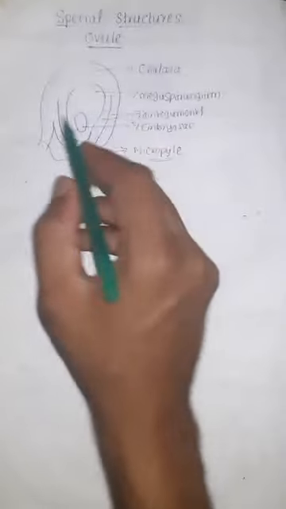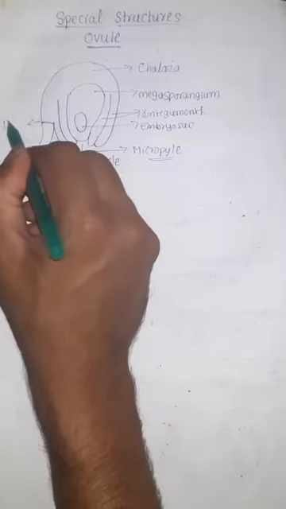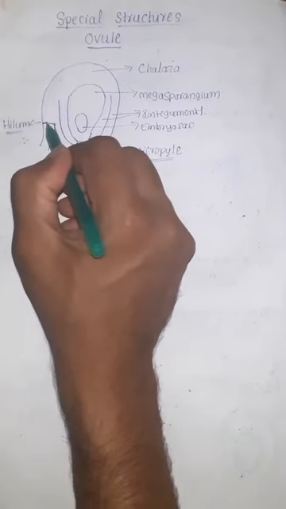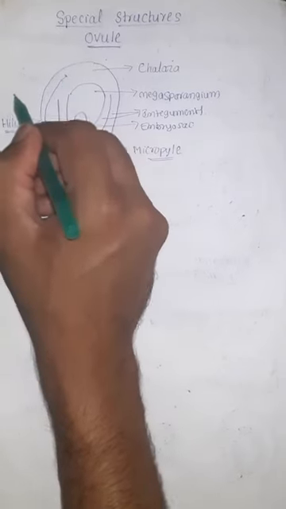Here there will be an articulation called hilum. From this point up to here it is called raphe.